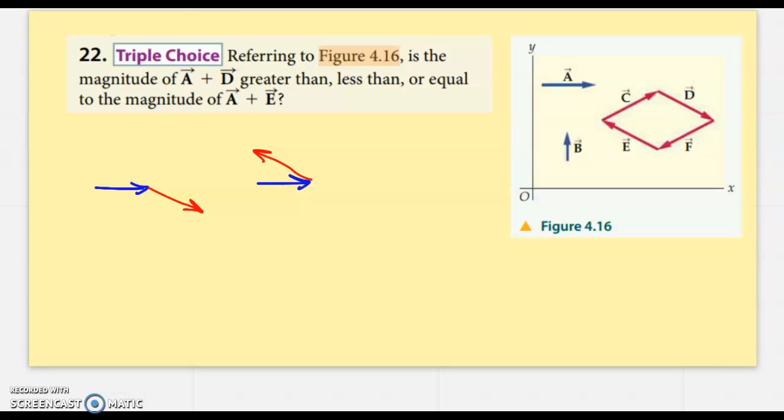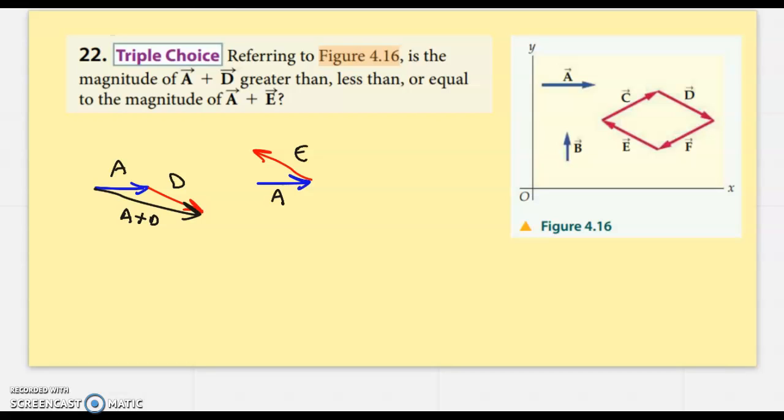The thing about it is, even though D and E were the same size, the direction makes a big difference. So look at this really big vector relatively that you get from adding A and D. This black one is A plus D, versus when you add A plus E. See how E cancels A out a good bit.